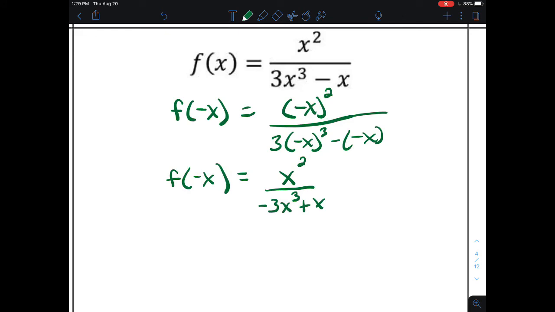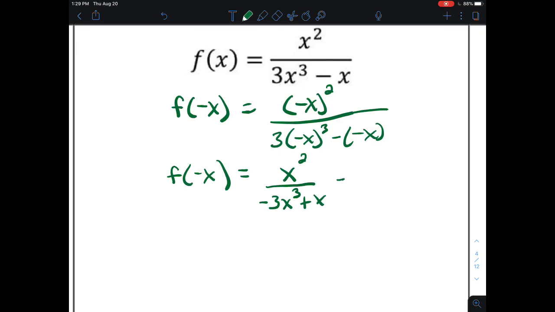Now, looking at where that negative is, I could help myself out with this test and say, all right, technically the whole bottom is being negative. It's the same thing as if I multiply the entire fraction by a negative. So it'll be x squared over 3x to the third minus x being multiplied by that negative out front.